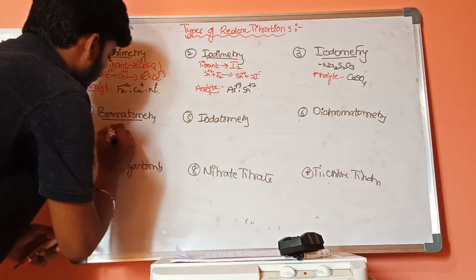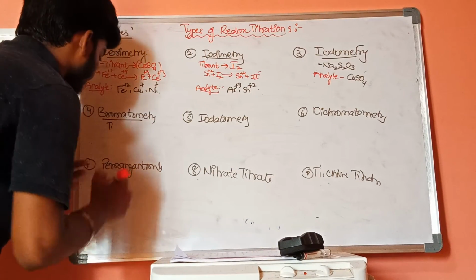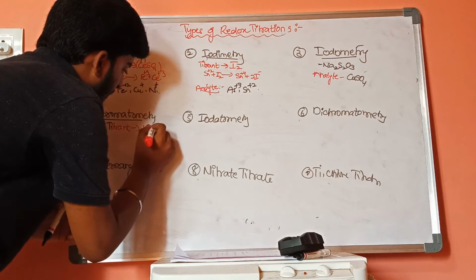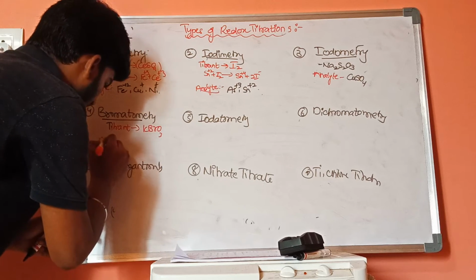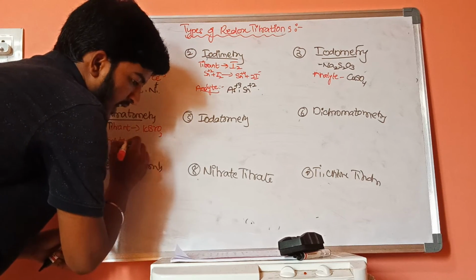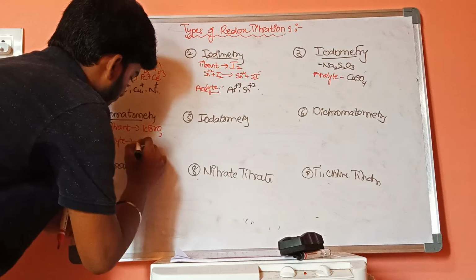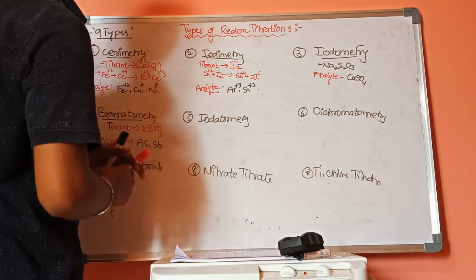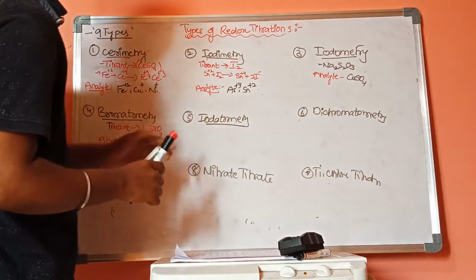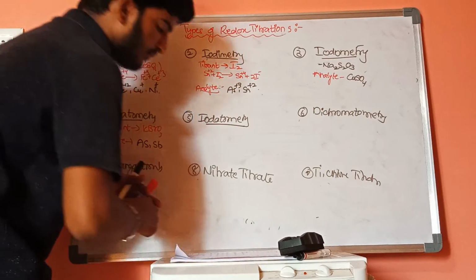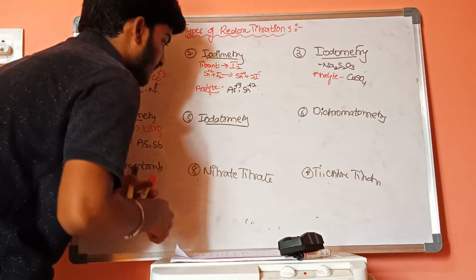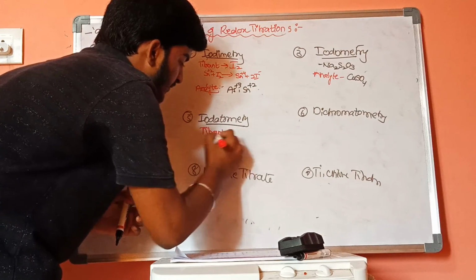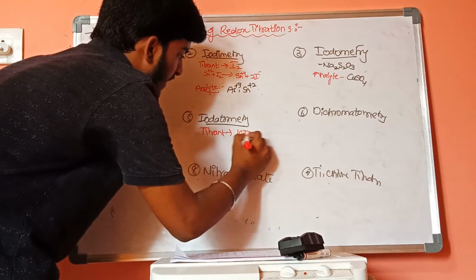In bromatometry, the titrant is potassium bromate and the analytes are arsenic and Sb. When we consider iodatometry, the titrant is KIO3.